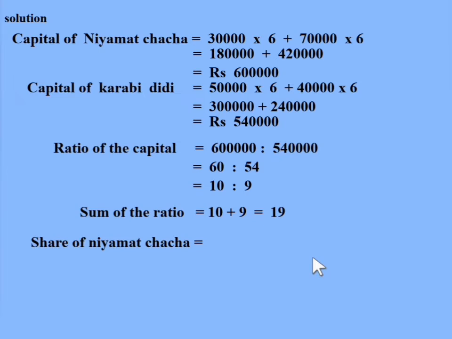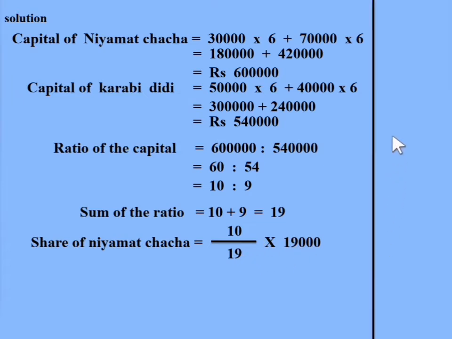Now share of Niyamat Chacha is equal to, in order to find the share of Niyamat Chacha we have to divide 10 by 19, that is the ratio of Niyamat Chacha by the sum of ratio, and multiply it by the total profit. Total profit is 19,000. Now we have to divide 19,000 by 19.